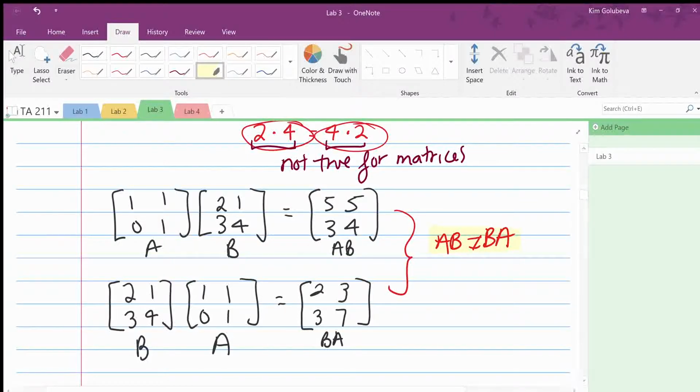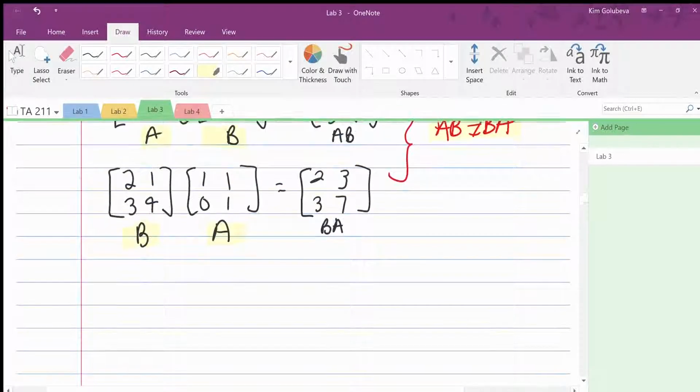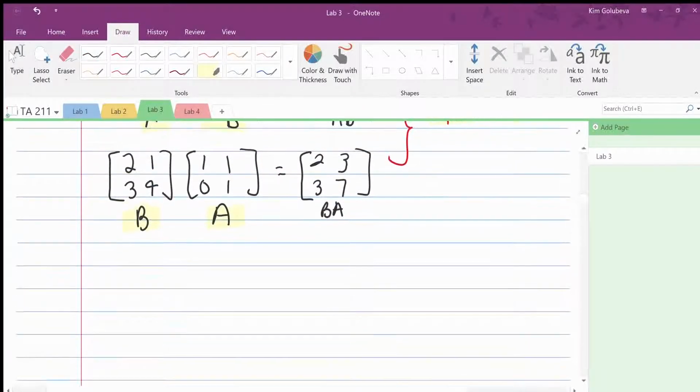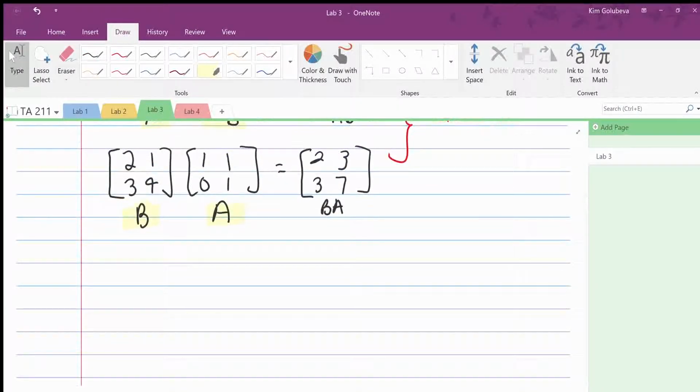You don't necessarily have that if you multiply two matrices together, in the opposite order it's going to equal the same product. Okay, so just something to be aware of before we tackle this question here. We are given that AB equals AC, and we're given A inverse exists.